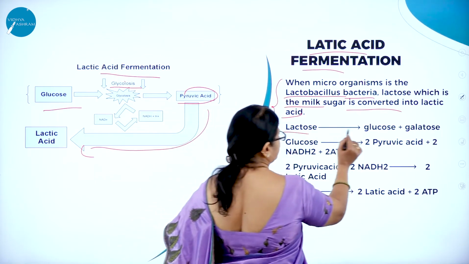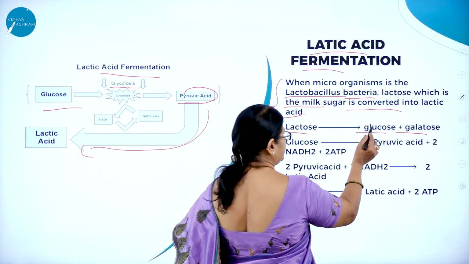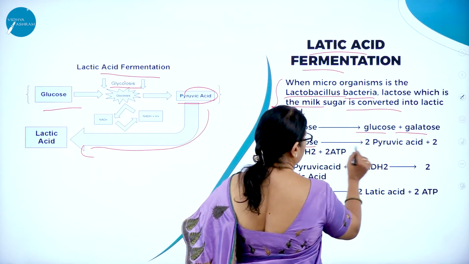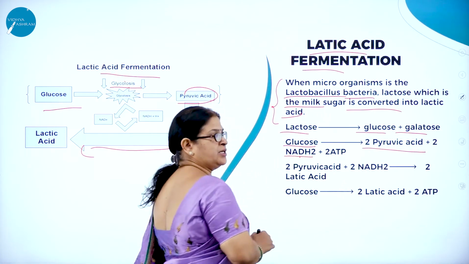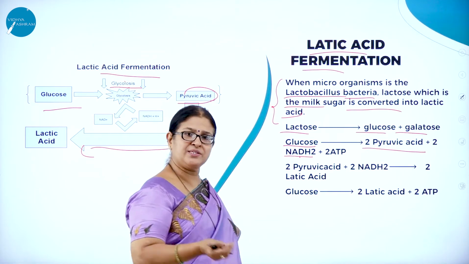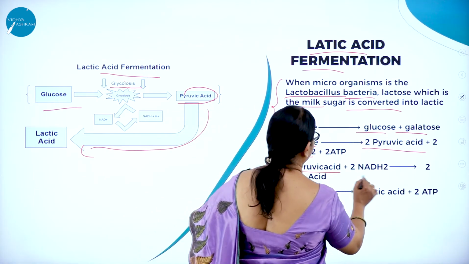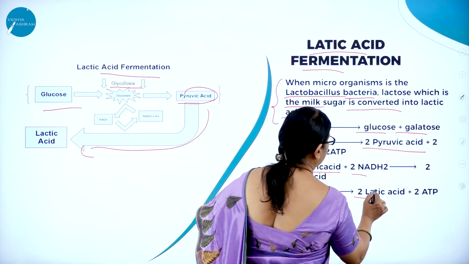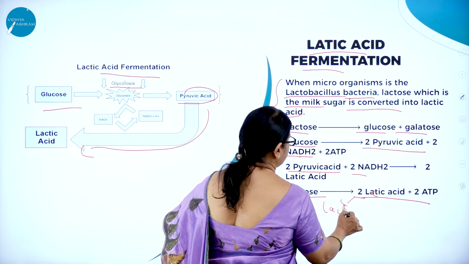Lactose is a disaccharide which is converted into glucose, a monosaccharide. So glucose is converted into 2 molecules of pyruvic acid, thereby releasing 2 molecules of NADH2 plus 2 ATP molecules. And these 2 molecules of pyruvic acid are converted into lactic acid. Hence it is called lactic acid fermentation.